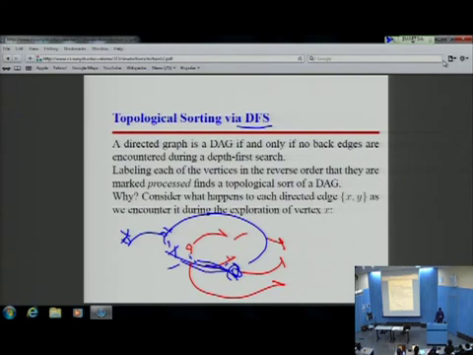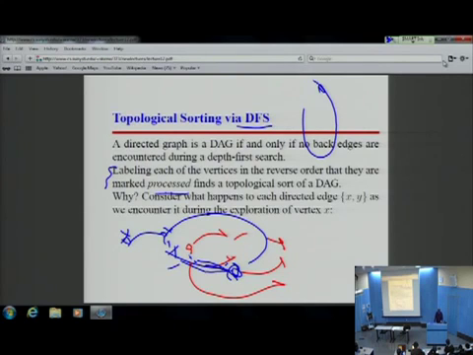So really what happens is, if I did a depth-first search of a graph, okay, and I label the vertices in the reverse order of when they are marked completely processed, that turns out to be a topological sort of the DAG. Okay? Because remember, I don't mark something as processed until I have discovered everything reachable.